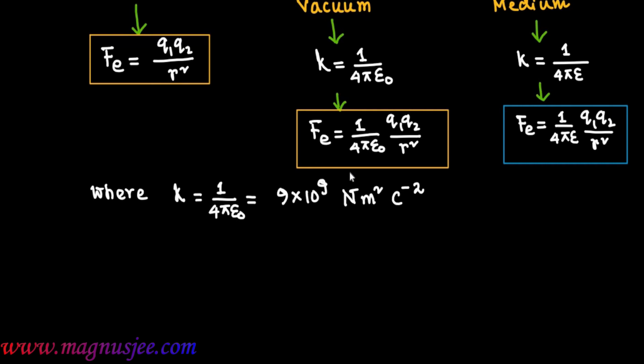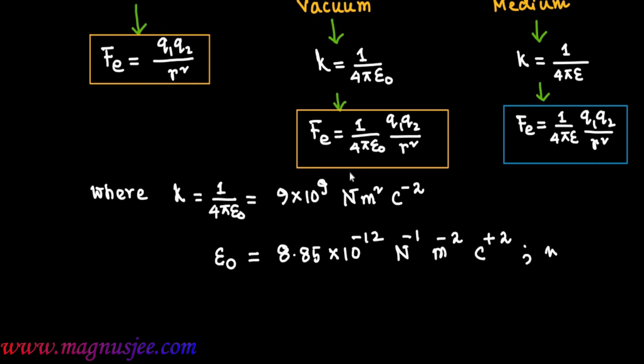The permittivity of free space is epsilon 0 or epsilon naught, which has a value 8.85 into 10 to the power minus 12 per Newton per meter square Coulomb to the power plus 2. That is the reciprocal unit of k, or of 1 by 4 pi epsilon 0. Epsilon 0 is the electric permittivity of vacuum or free space.